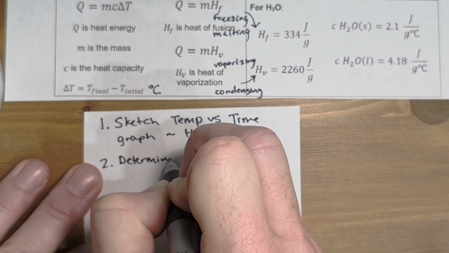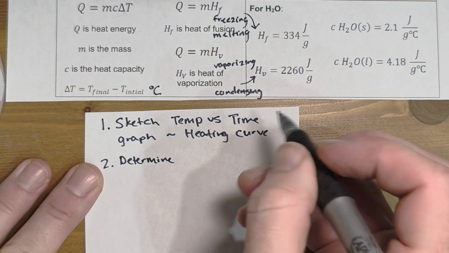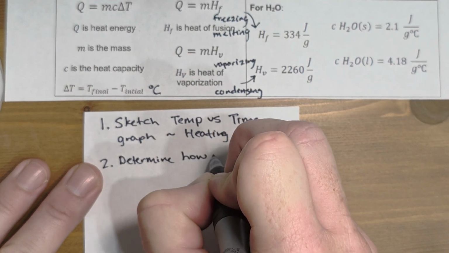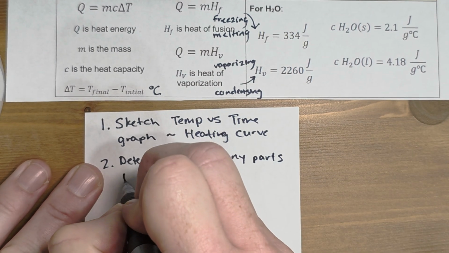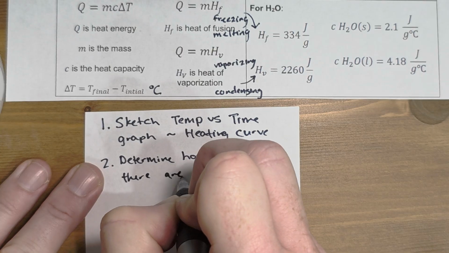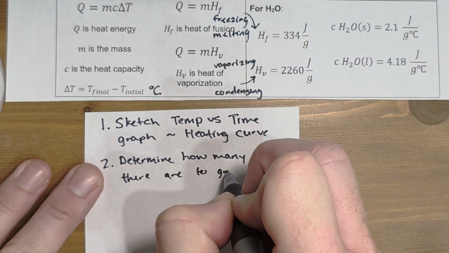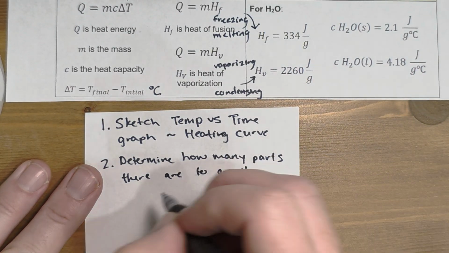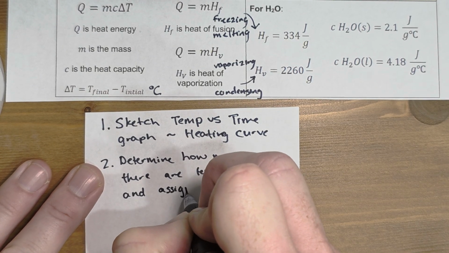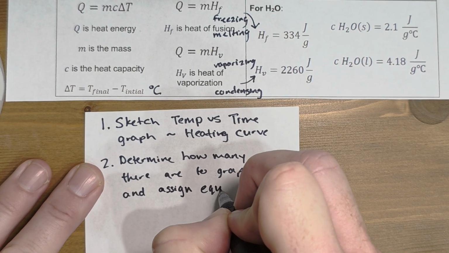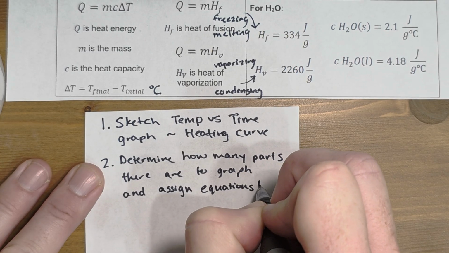You're going to determine how many parts there are to the graph, and assign equations to each.